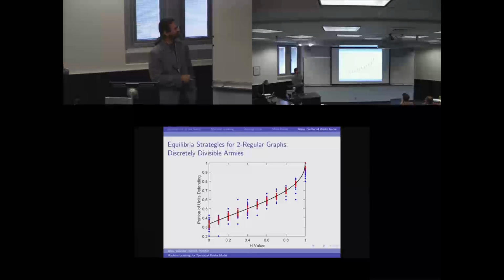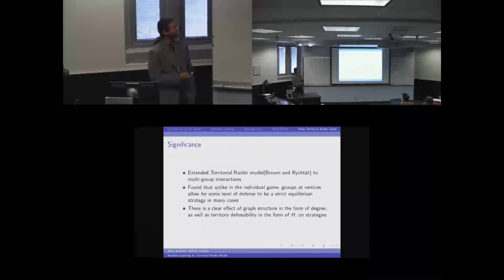So this is the army. We extended the model that Mark was talking about to some different cases. We found that, unlike in individual games, there is some defense possible. That was good, because if you paid careful attention, in the previous model where there was only one individual, you effectively just raided and nobody really defended itself.